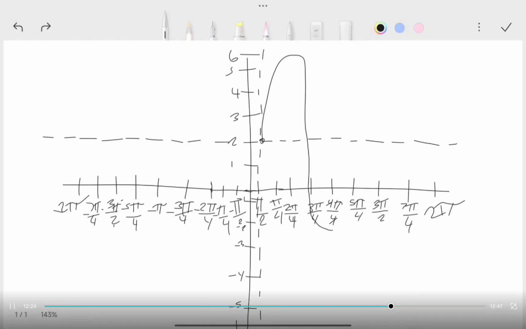So from positive 2, go through 3 pi over 4 and then negative 2 and up to positive 2 again, to the end of the cycle.